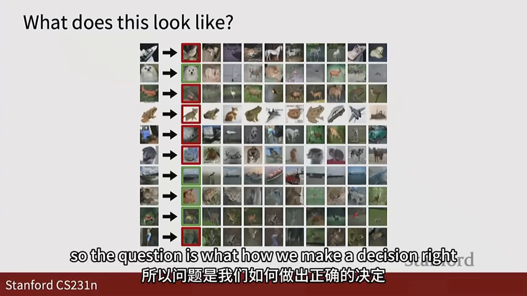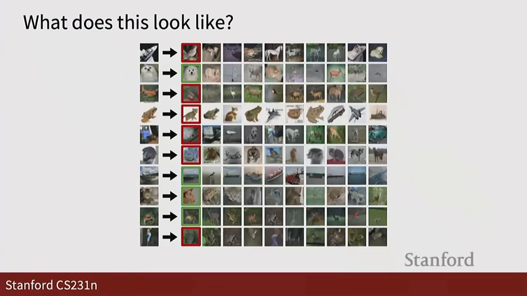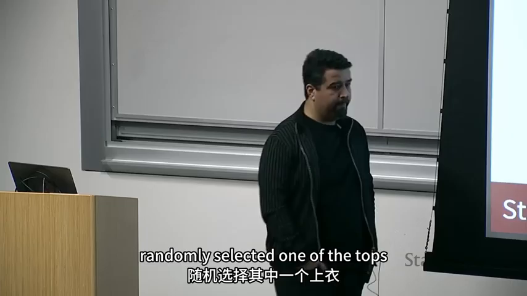So the question is how we make a decision. In those cases, we often randomly select one of the top ones.